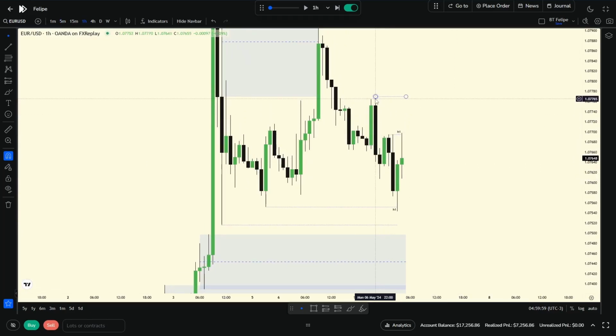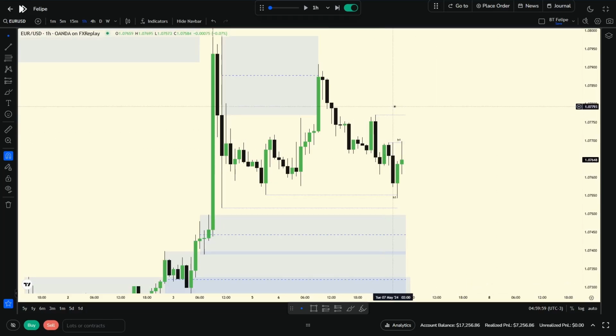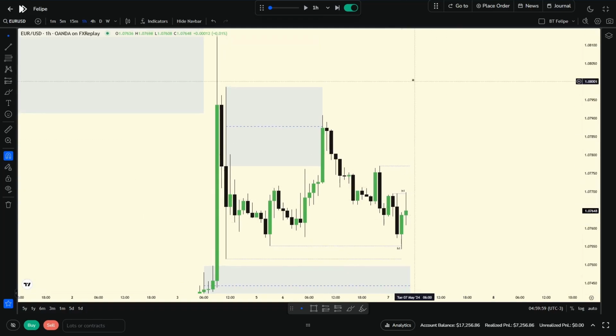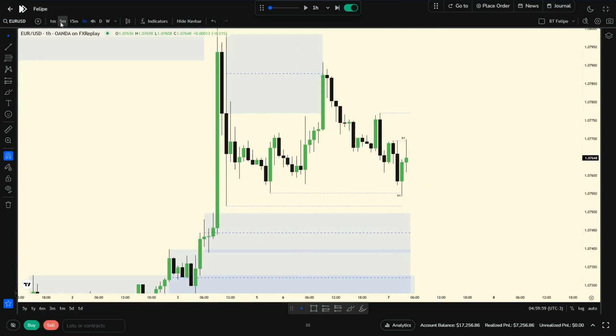But maybe we can take this high. So this was just a reaction to take this and then drop, or we take this to just break above, and we are not going down.